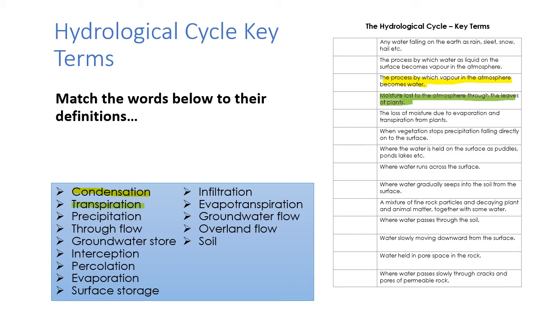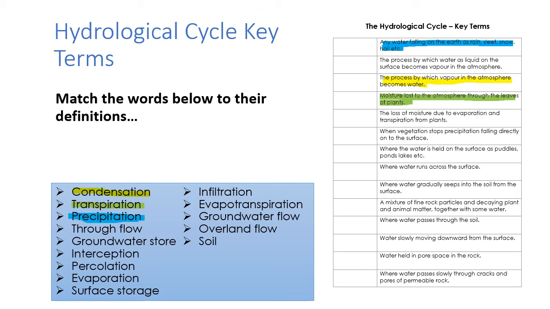Let's go on to the next one. Precipitation. Now, as geographers, we often talk about precipitation. We don't call it rain, and that's because precipitation can be rain, snow, sleet, hail, any form of water that falls to earth. So we've got precipitation up here. Okay, so far so good.